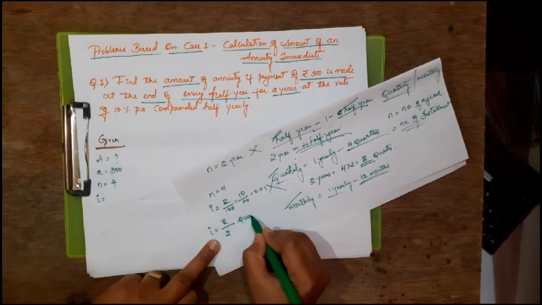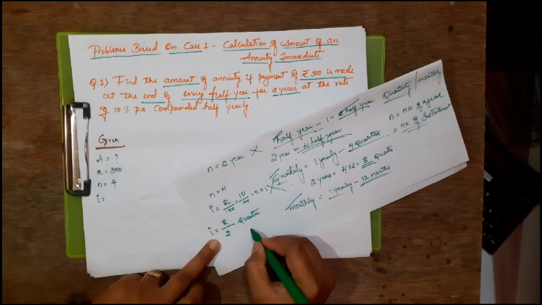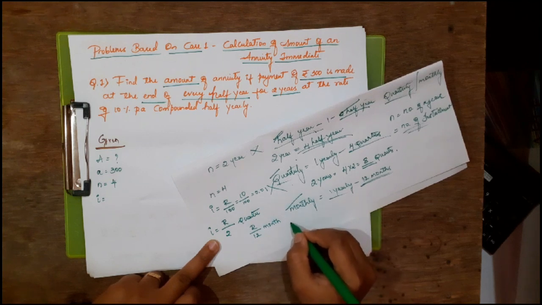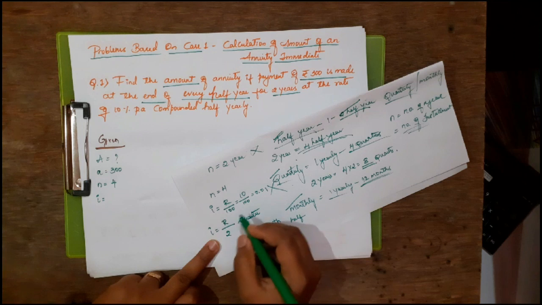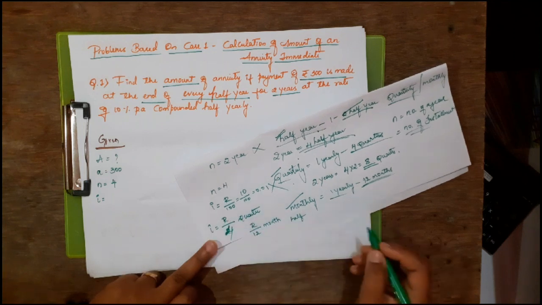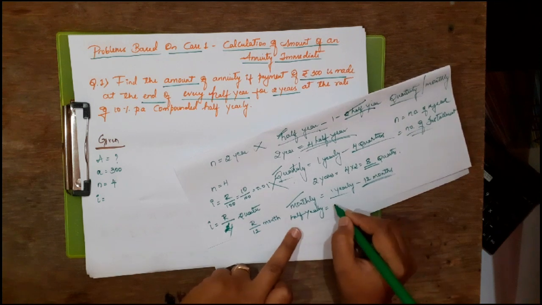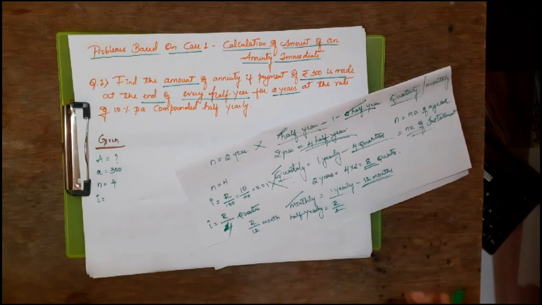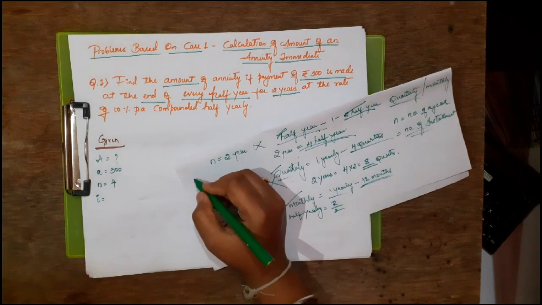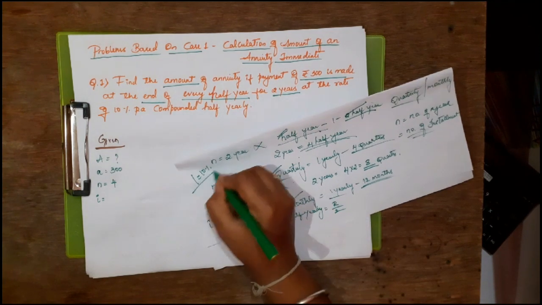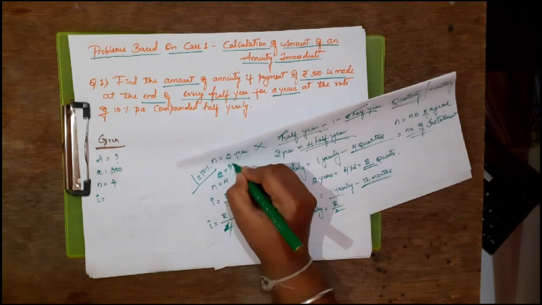If it is monthly, we are dividing r by 12 for month. If it is quarterly, we are dividing it by 4. If it is half yearly, r by 2. That means for 1 year 10% is the rate of interest, and in 1 year we are making 2 payments, right?